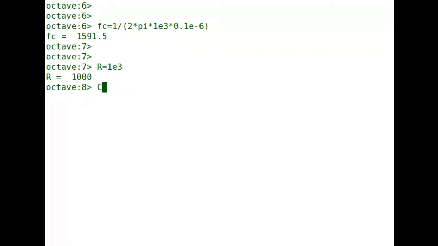Then our capacitance is 0.1e-6, which is a bunch of zeros there. So it's 0.1 microfarad.